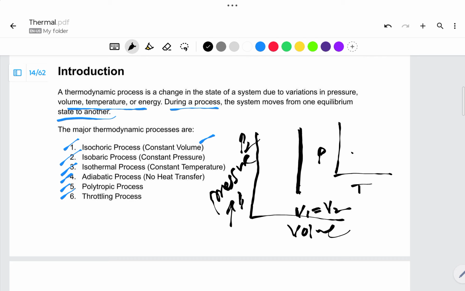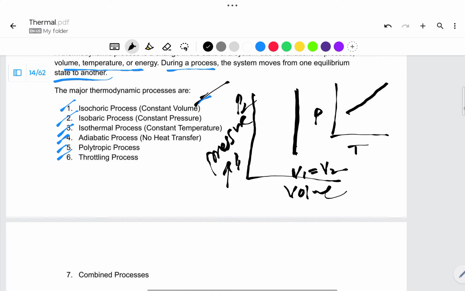As the pressure decreases, the temperature will also decrease, because these have a direct relation. Volume is the only thing constant in the first process, the isochoric process. So if pressure increases, the temperature will increase, from the initial stage P1 to P2, and T1 to T2.